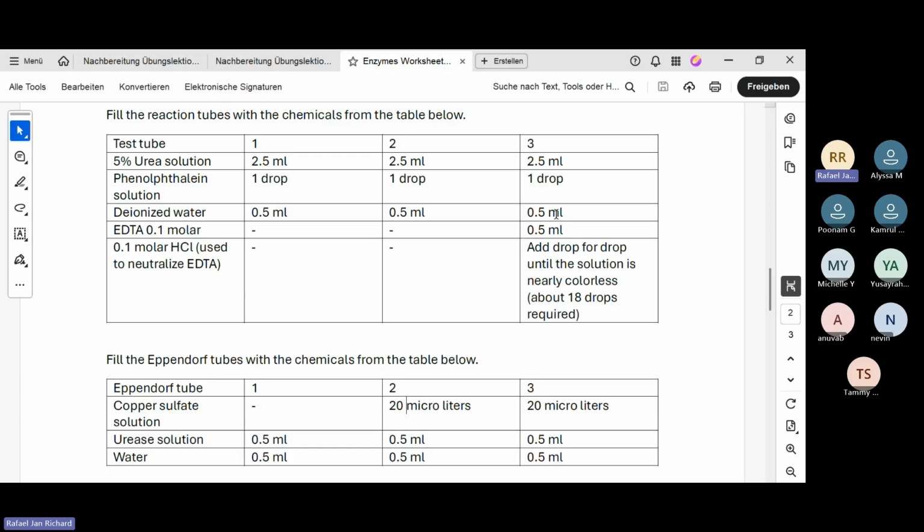But in comparison to when we looked at them before, here we also have EDTA present. So what do you think is the effect of EDTA on copper sulfate and therefore on the enzyme activity?